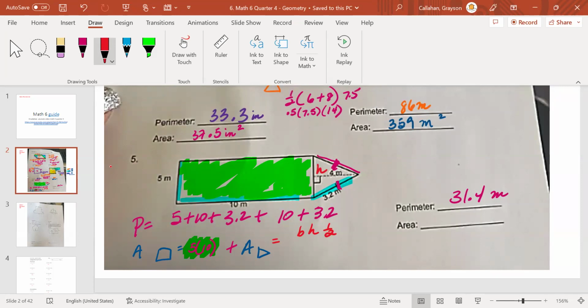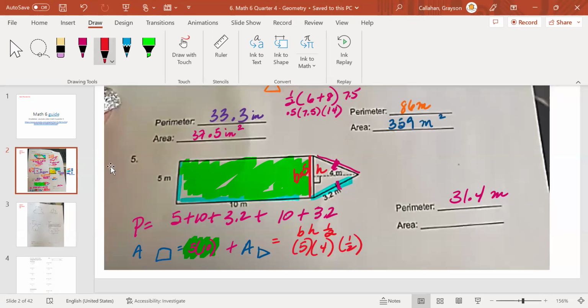Now, which one is your base? No, that's the side. Base is right here. What's the base right here? That's red. Yeah. Do you see how you need to make sure you do that correctly? So 5 times height times 1/2.